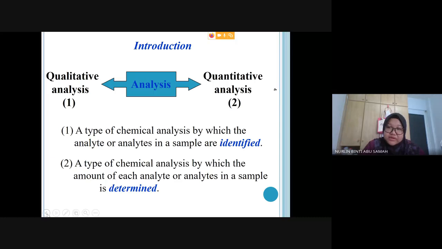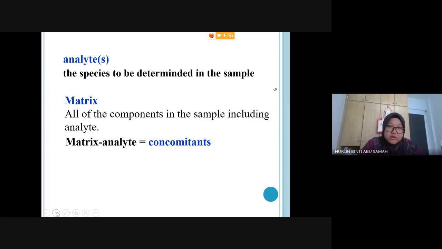But different with quantitative analysis. In quantitative analysis, we explain how much the content of your analyte is in the sample. That is quantitative analysis. So analyte is the species to be determined in the sample.